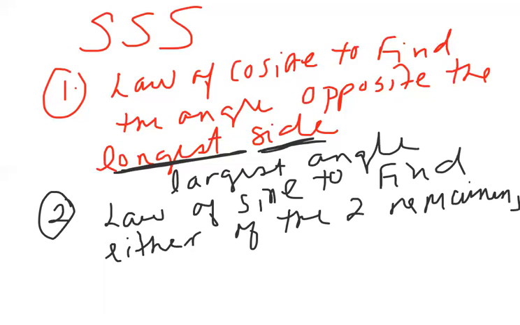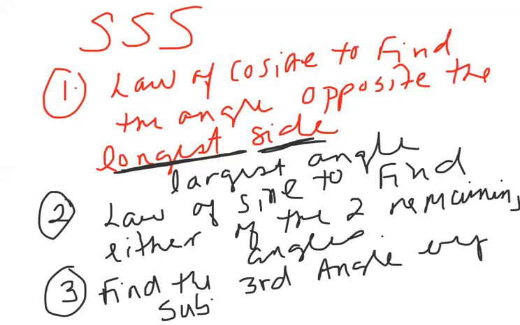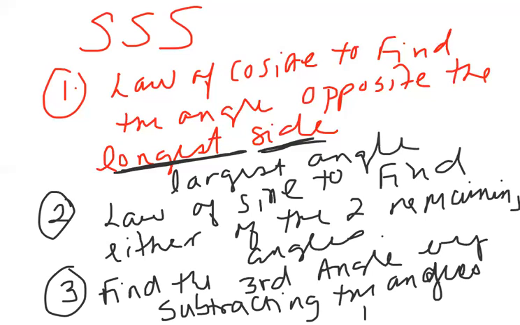And then, of course, last but not least, you're going to find the third angle by subtracting the 2 angles from 180. Okay, I got it squeezed in here, guys.